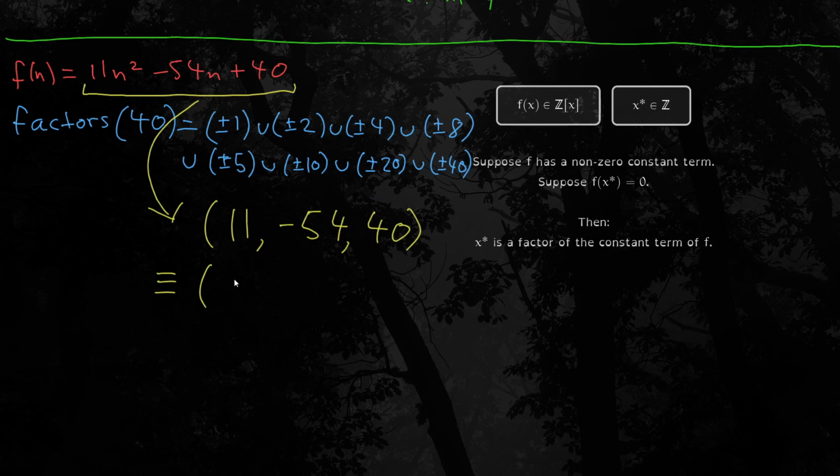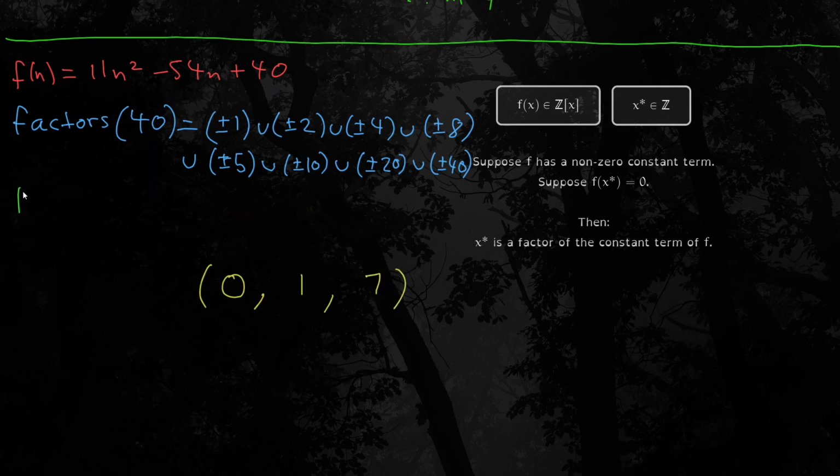So I'm going to subtract 11 to get 0. For the next component, I'll add 55 to get 1. And for the last component, I'm going to subtract 33 and I'll get 7. So in particular, we've just learned that f of n is congruent to n plus 7 modulo 11.